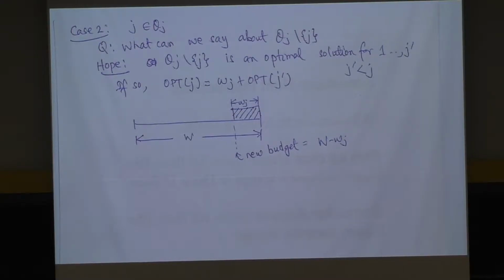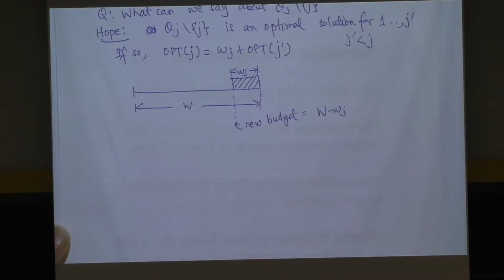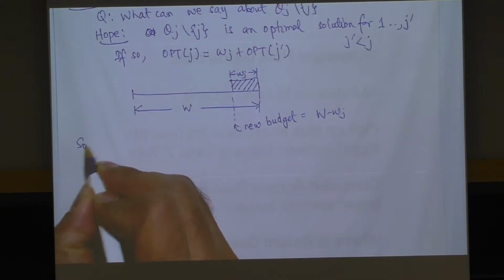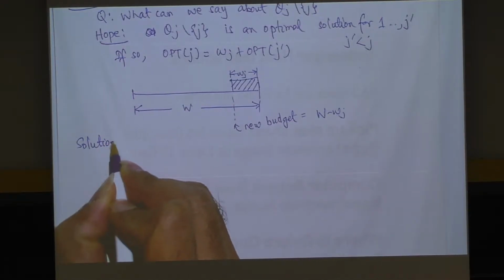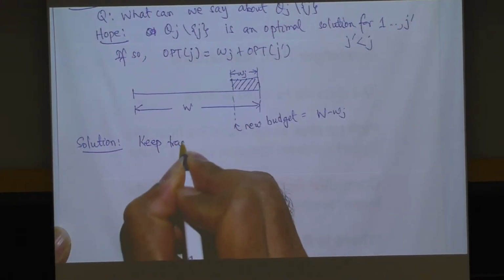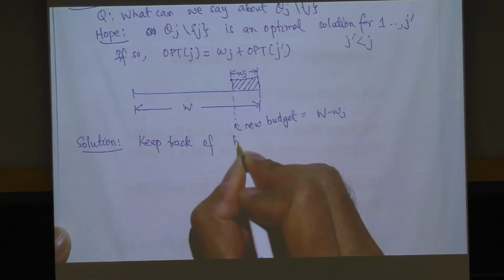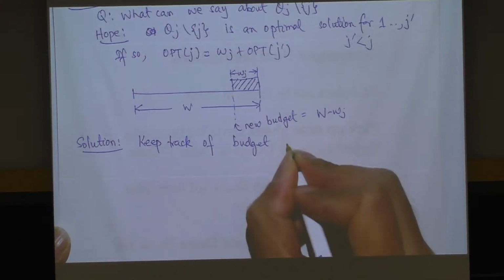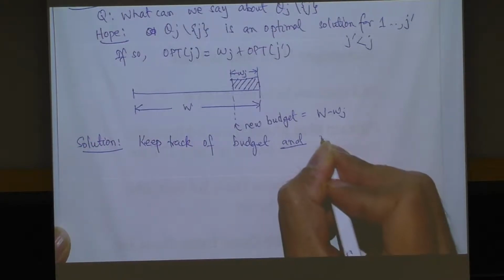You need to keep track of both of these. And so it turns out this definition turns out to be enough. So the solution: keep track of budget and value of J.